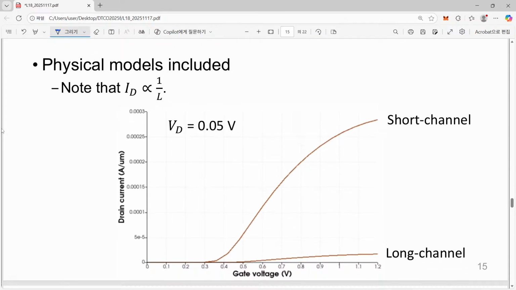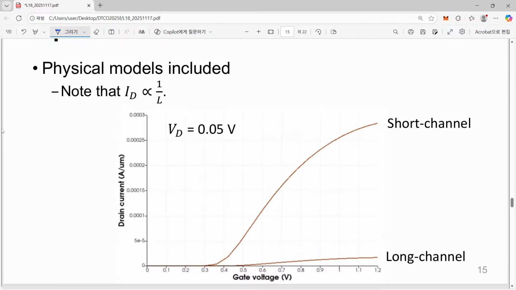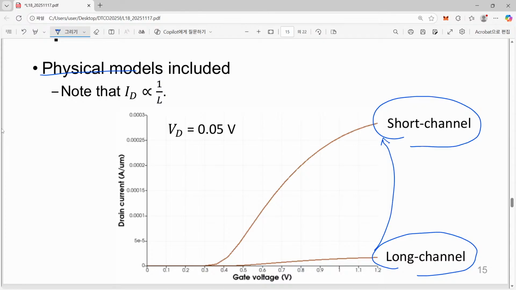So you will have this graph. Here you have the long channel device, the previous one, and the physical models are also included. And when you have a short channel device, you have a somewhat higher drain current.